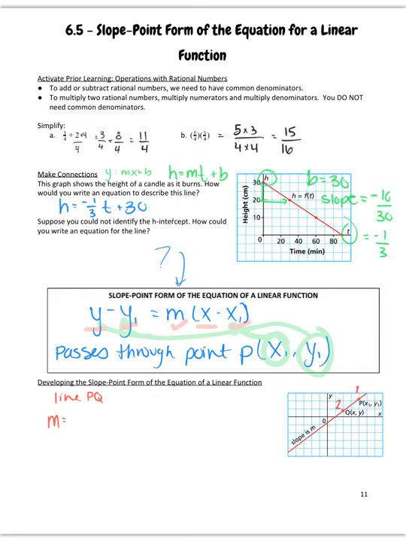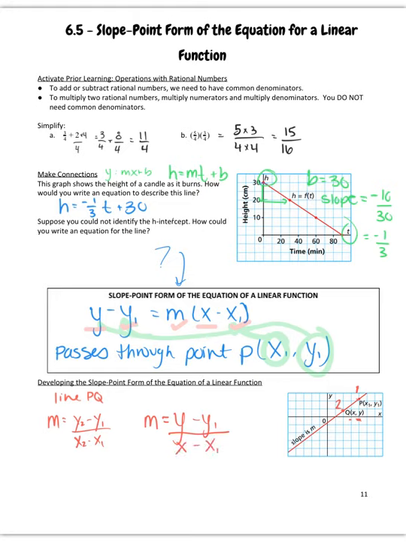So remember, m is y2 minus y1 all over x2 minus x1. So we'll say our slope here, m, is equal to y, because that is the Q coordinate, minus y1 all over x minus x1.